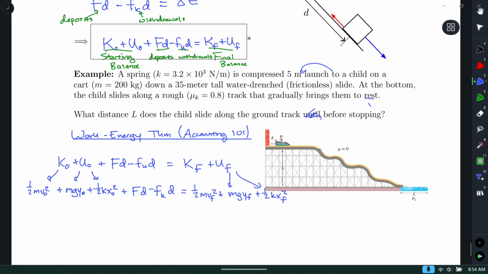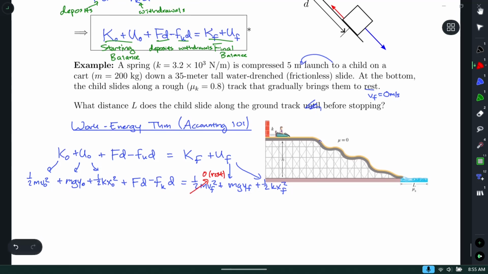Yep, so VF is 0, they come to rest, and so I can throw out this term. What else? The final potential energy, which one? The gravitational. Yep, because that is our lowest point. We've used it all up, if we choose that to be the 0 level for height.